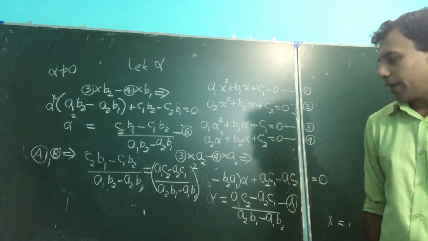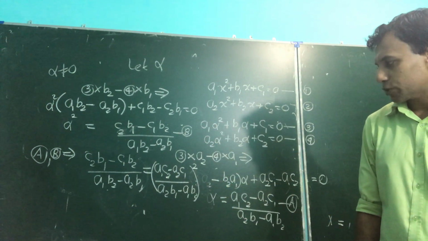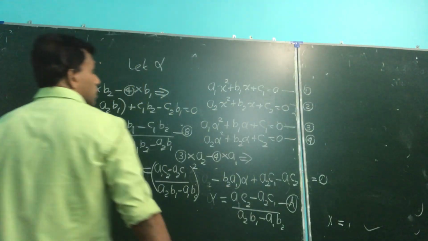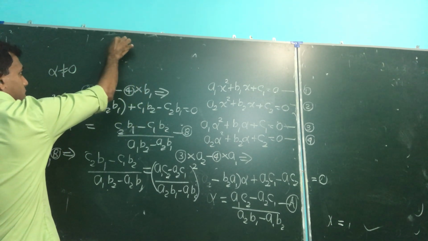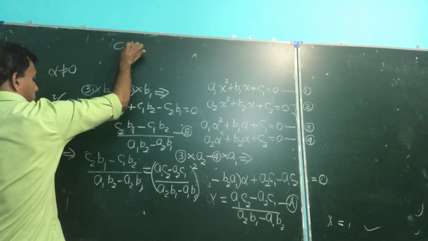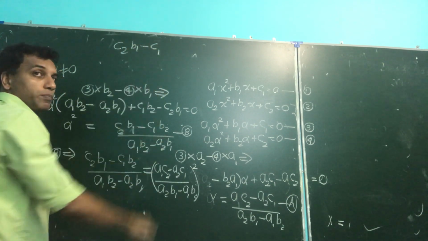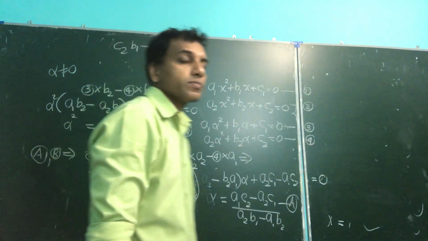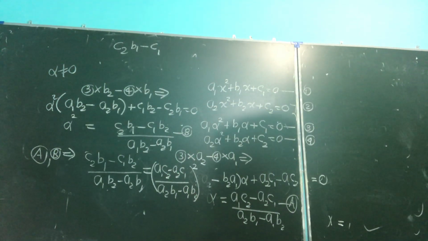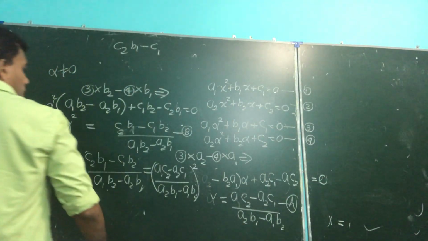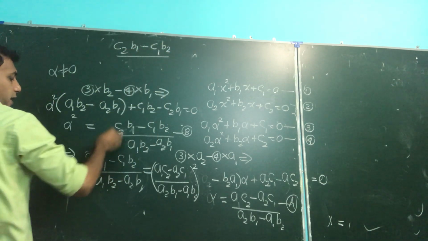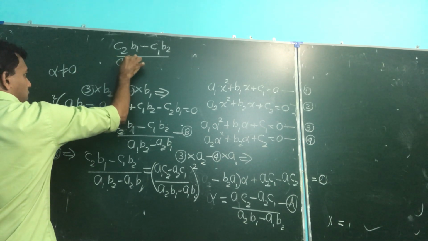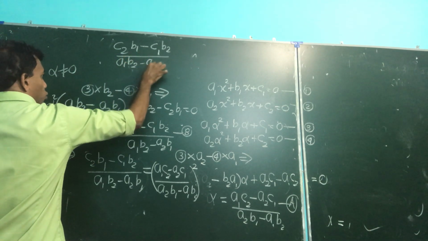This is the short way to prove that. But you can modify this to what they are expecting. I show here: C2B1 minus C1B2 below A1B2 minus A2B1.